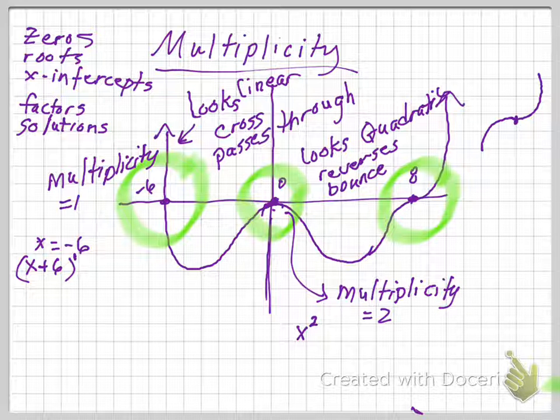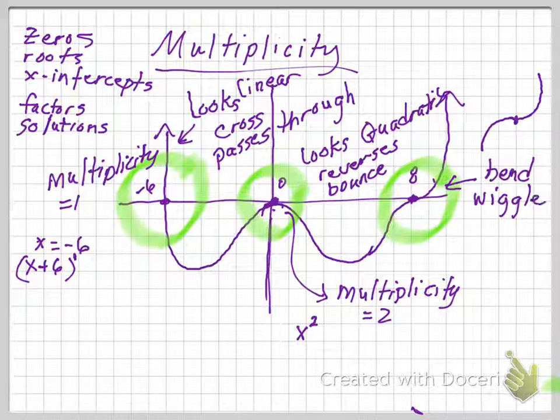So all the odd degrees after 1 look like this. So I would call this one a bend. On your paper, it calls it a wiggle. Do the wiggle. I don't think there's another one. So the way I've drawn this one is multiplicity 3.